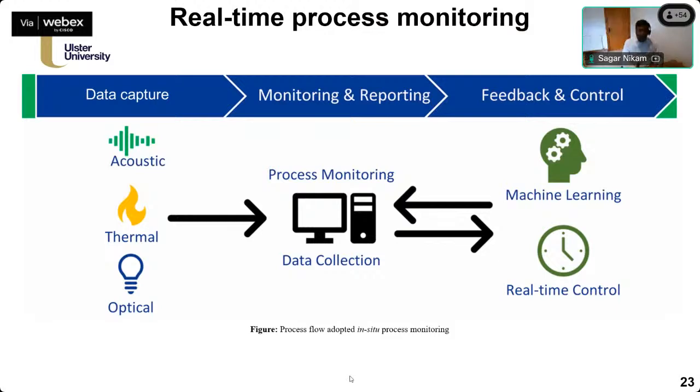For example, if I'm using a robot, then how the robot arm will be moving also has to be monitored. So the first thing is real-time monitoring. Once you have real-time monitoring, the next step is you can integrate that data into a virtual model, so that your virtual model behaves the same as the physical asset.